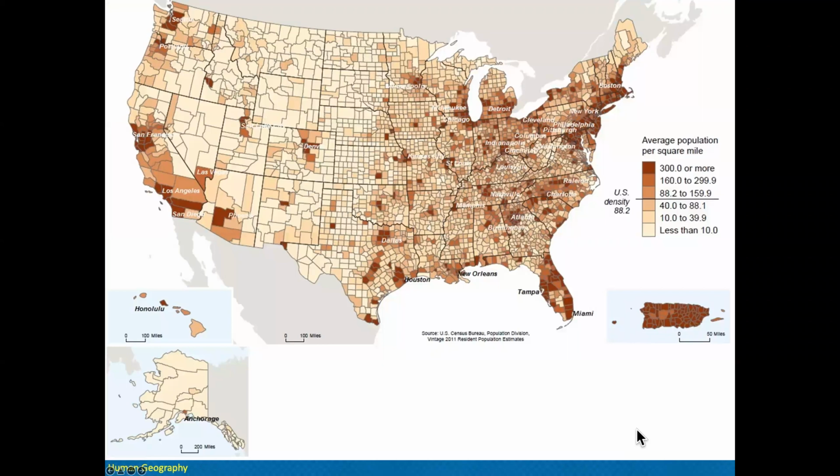So this image right here, it's a bit dated, 2011, but just to give you a sense of how population is generally distributed across the US, this really hasn't changed that much since 2011. The numbers obviously have, but the pattern is primarily the same. If you look at a place like the Northeast corridor from about Boston through Providence, New York, Philadelphia, Washington, Baltimore, it's a very densely populated area.